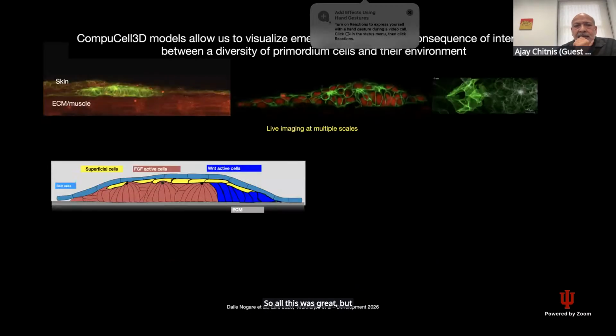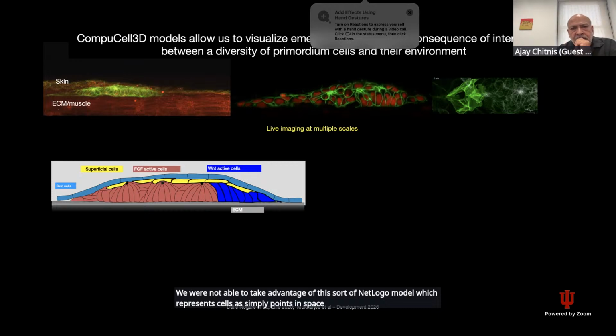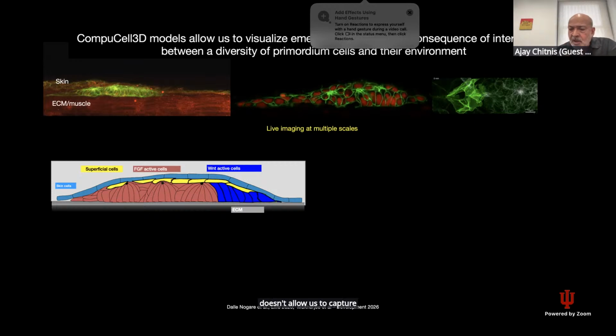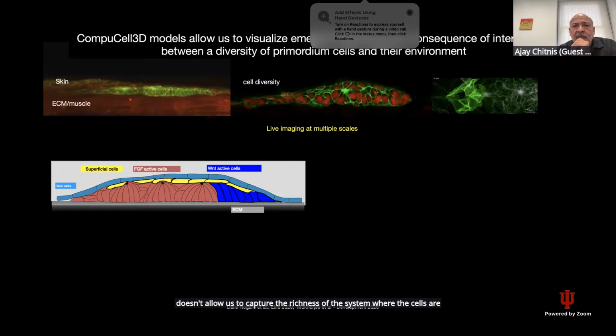we were not able to take advantage of this sort of NetLogo model, which represents cells as simply points in space, and doesn't allow us to capture the richness of the system where the cells are migrating between the skin and the muscle.